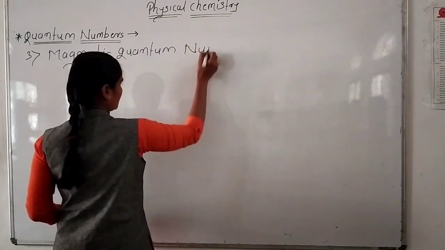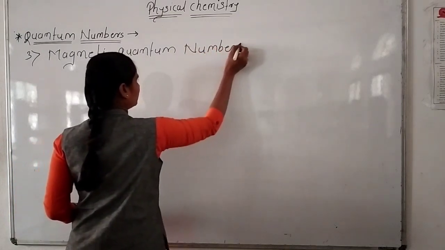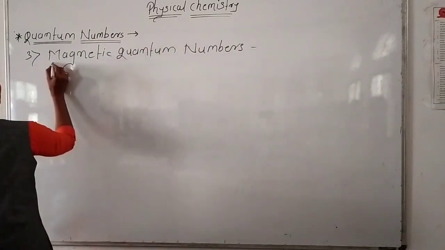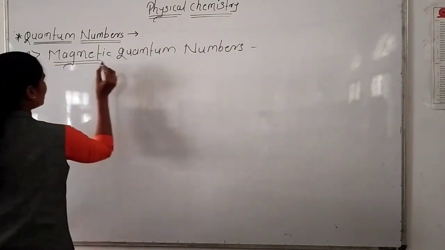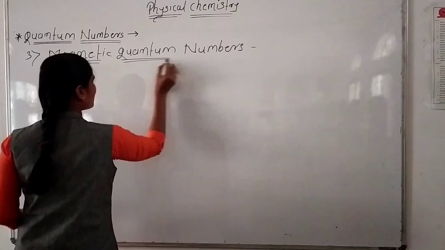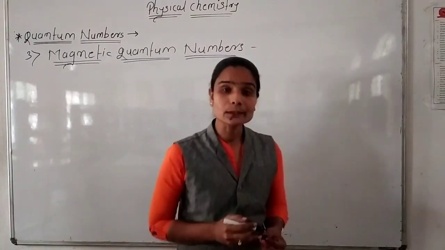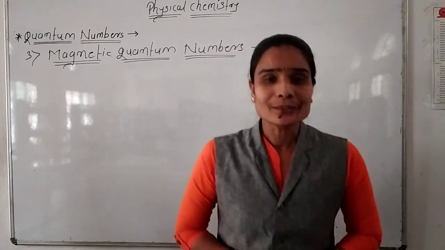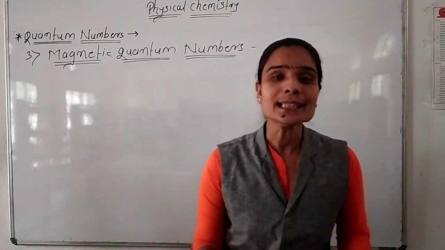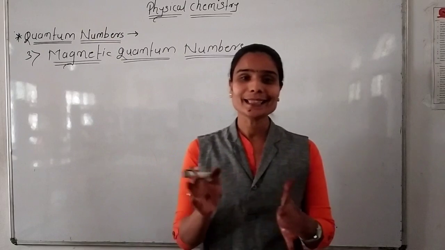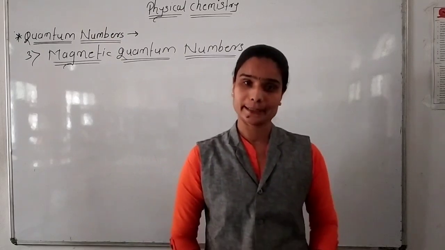Okay, so what is the information given by the magnetic quantum number? The magnetic quantum number gives the information about the suborbital present in the main orbital of the atom.